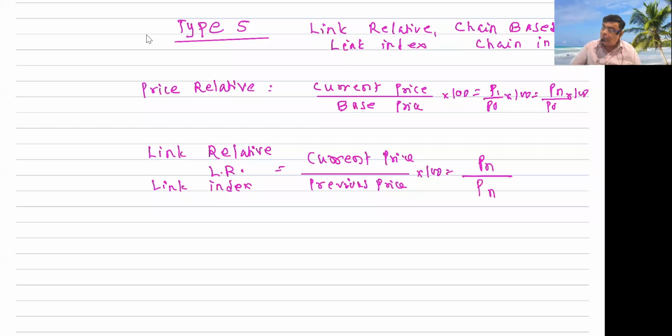So this is P of n minus 1 into 100. Mind where this is nth year and this is n minus 1th year. Pn over P of n minus 1 and that into 100.